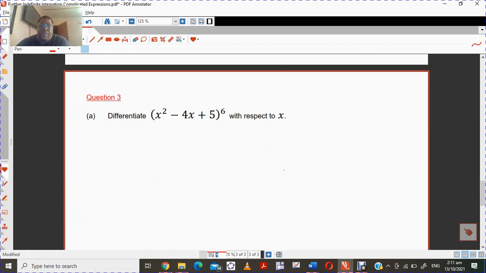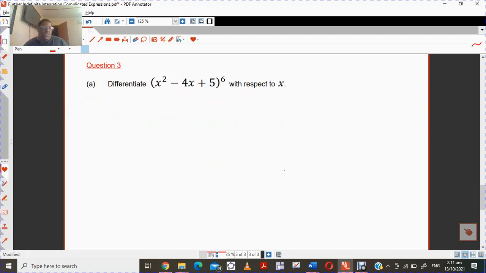You have another question here where you can quickly differentiate (x² − 4x + 5) raised to the power of 6. Obviously, you use the chain rule. But what does the chain rule say?